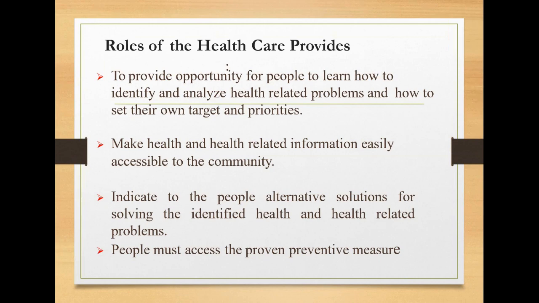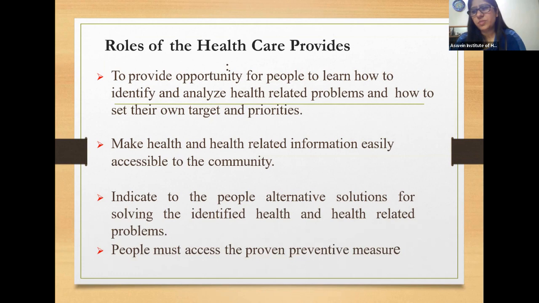It's not that you go to an area and talk about water sanitation because you are working in water sanitation. The target population might be having certain other issues. So you need to identify what their problems actually are, and then the health education needs to be decided as per that only.